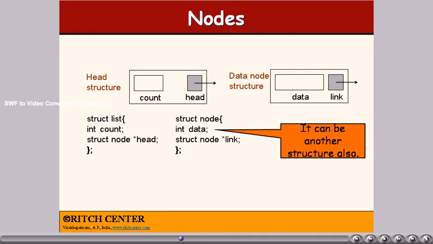Otherwise, we may be required to traverse the entire linked list and find out how many nodes are there. That is the reason why this head structure is defined like that. It is not mandatory that we should follow that structure. We can have our own structure also. According to our convenience, we can define.